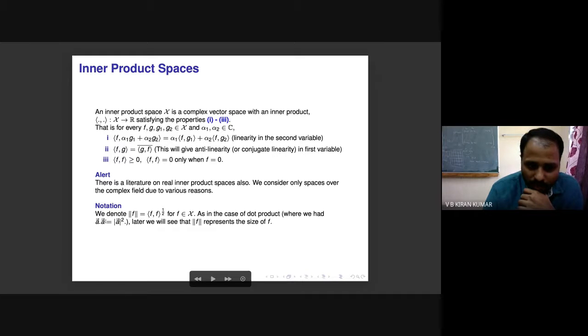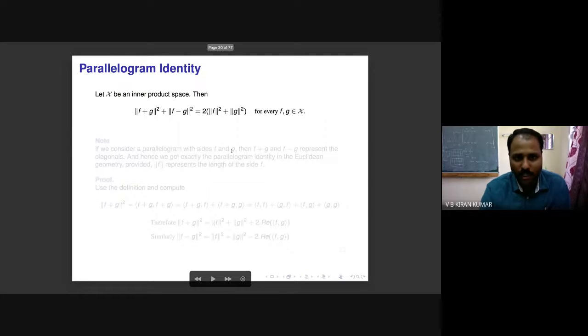You can see that A dot A was mod A square, so A dot A power 1 by 2 means mod A, that means absolute value. So you have an intuition that this should be something like an absolute value, which is called a norm. Later we will see that this represents the size of f. Now we don't know whether it is a norm, but we are going to prove certain properties of this function.